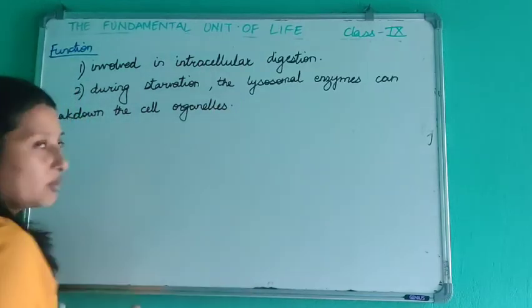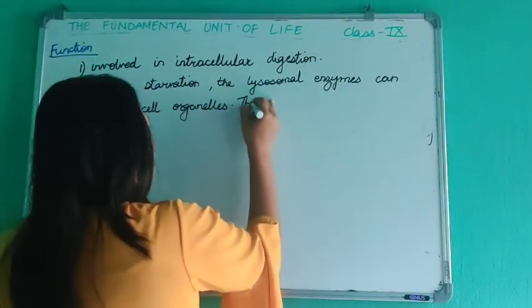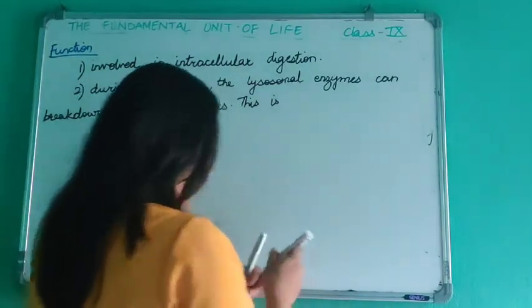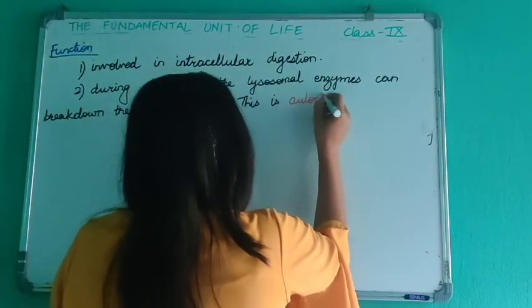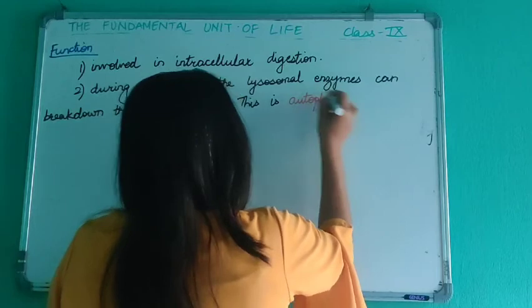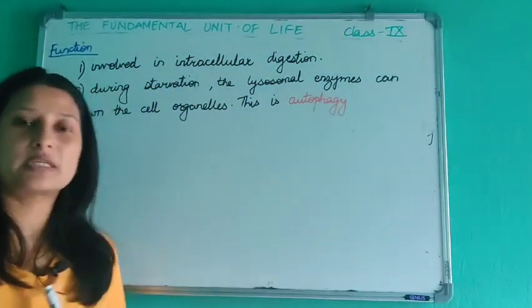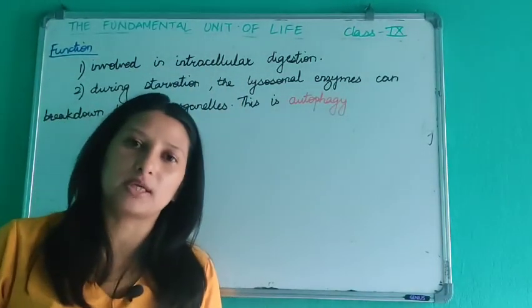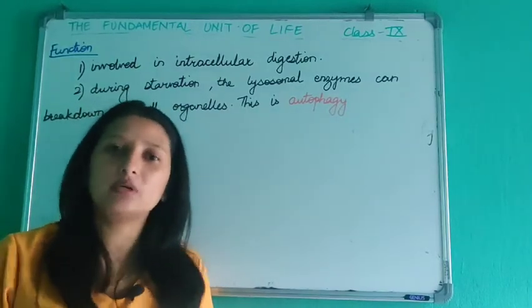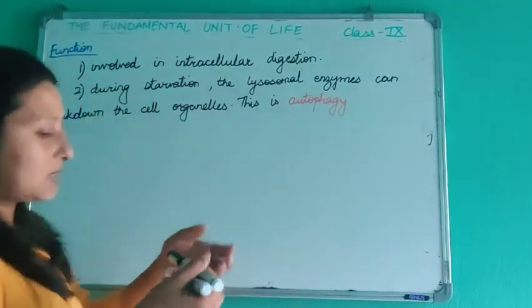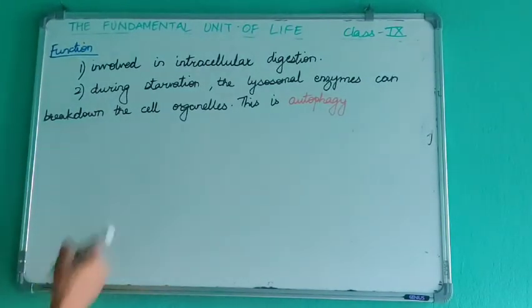This process is known as autophagy. So के हुन्छ, स्टार्भ गर्दाखेरि जब एउटा सेल स्टार्भ गर्छ खाना नपाउँदाखेरि चाहिँ लाइसोसोमको एन्जाइम्सले आफ्नै सेल अर्गानेललाई डाइजेस्ट गर्न थाल्छ. त्यो प्रोसेसलाई चाहिँ अटोफेजी भनिन्छ.